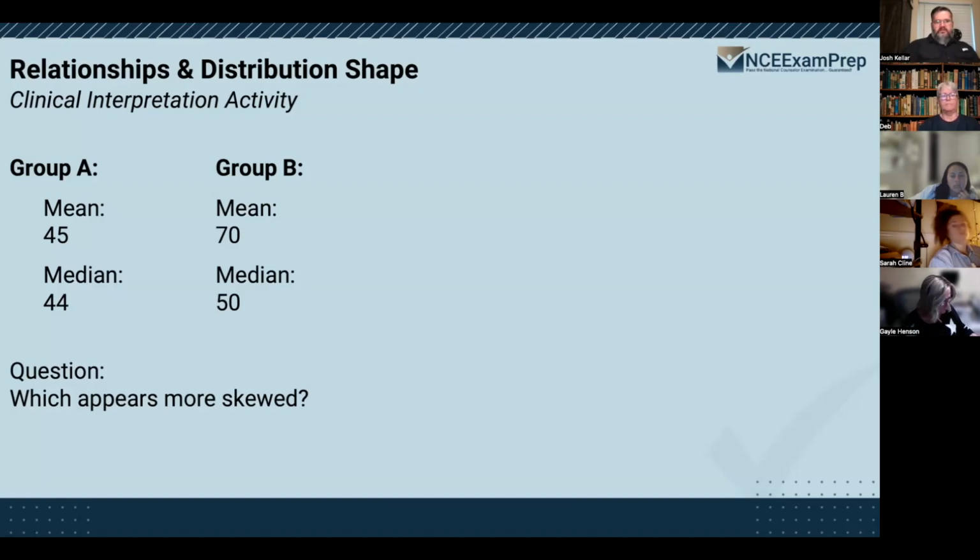That's for Group B, and the mean minus the median for Group A is 1. Right. So there's more skew with Group B. What if for Group B, a mean of 50 and a median of 70, which would be more skewed?